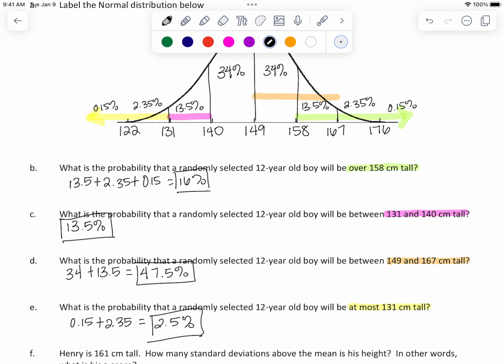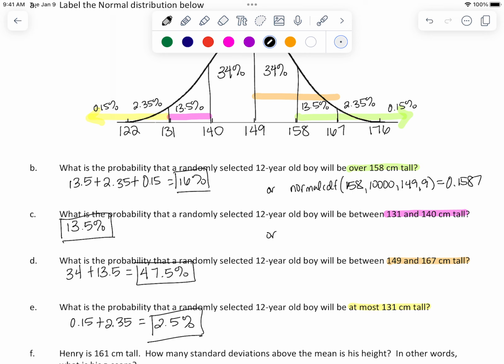Now, the other way you can do these, if you do not like using the empirical rule, is you can use normal CDF and use the mean and standard deviation. So I will write those as an alternative way to do them. So for B, you could do normal CDF, 158 up to 10,000, and then 149, 9, and that gives you 0.1587.